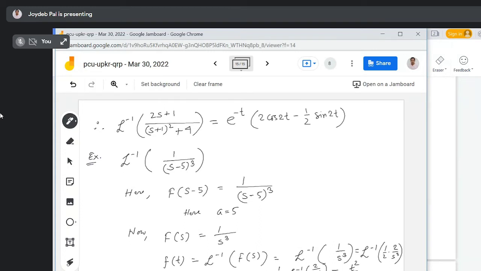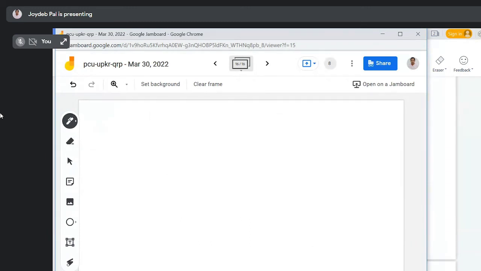Yes, sir. And finally you write. So Laplace inverse of 1 by s minus 5 whole cube, it is equals to what? E to the power at. So e to the power 5t and then t square by 2. E to the power at into ft.